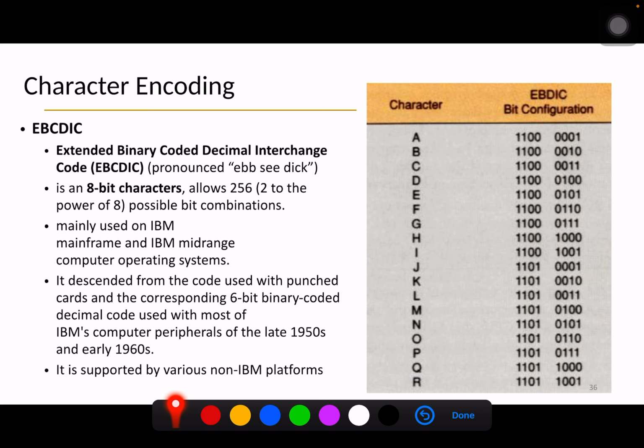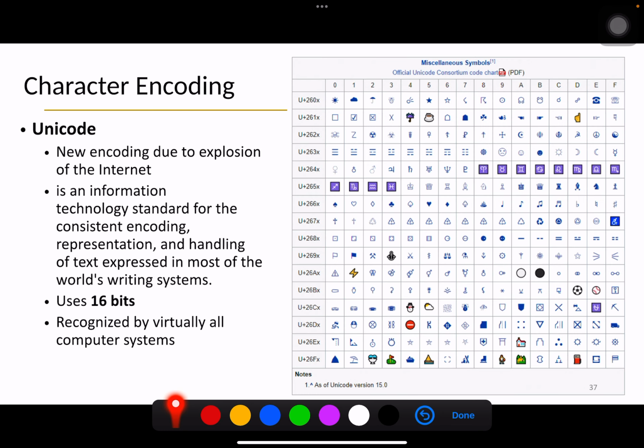And so on. Alright, this one is Unicode. This is the new encoding standard, which uses 16 bits. Why does Unicode exist? Because of the explosion of internet use. Before, we just needed ABC 123 to be represented, stored, calculated, and processed.